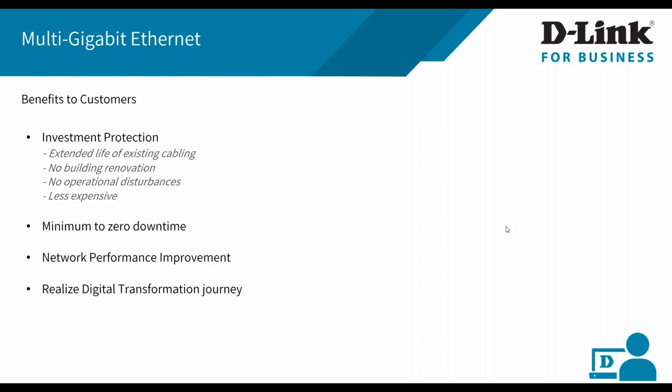If you talk about cabling replacement, that may require building alteration or renovation, and sometimes a one-to-one replacement of Cat5 or Category 6 cable with Cat 6A cable may not be feasible, because Cat 6A cable is a little thicker in outer diameter compared to Category 5 or Cat 6 cable.